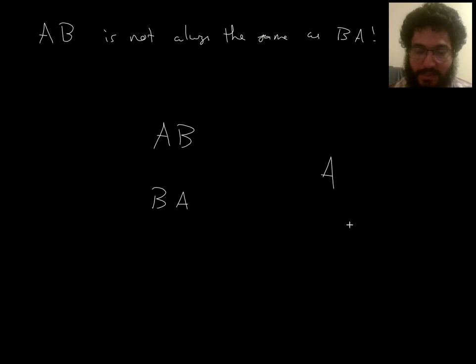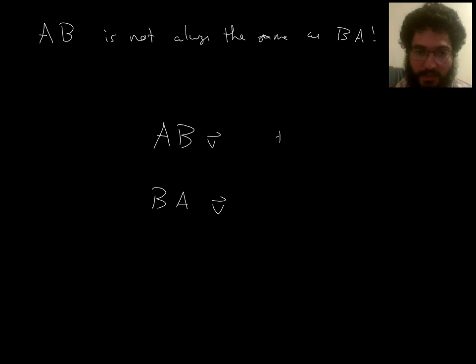So if a matrix is sort of determined by what it does to vectors, if you interpret it in terms of how it acts upon vectors, then when we say ABV versus when we say BAV, different things are being done to vectors in these different situations, right?